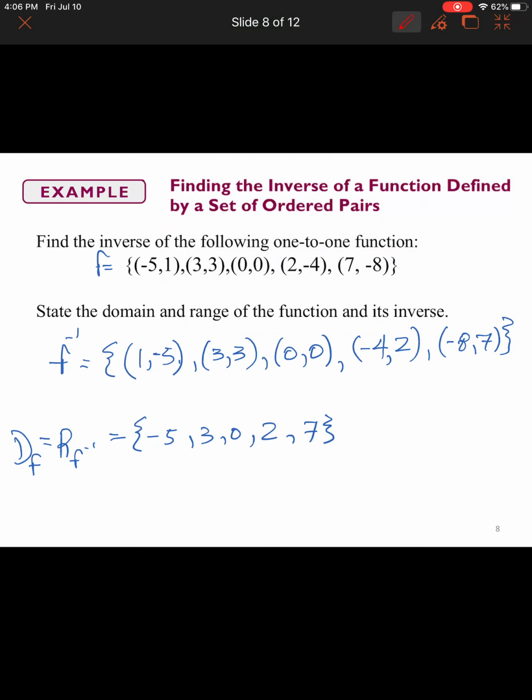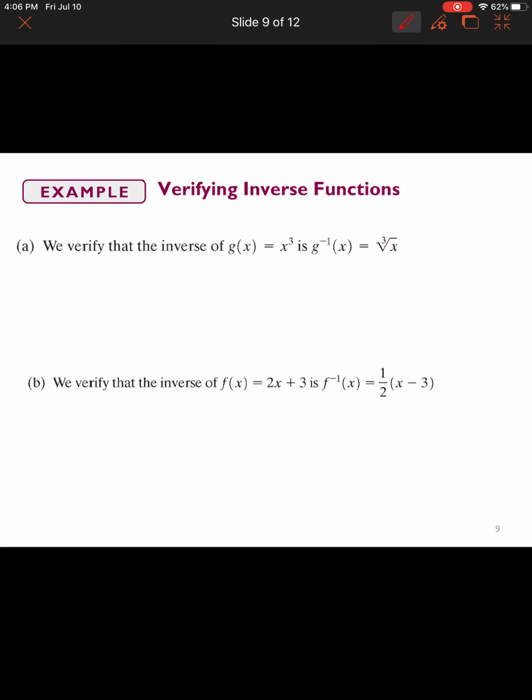We also know that the range of the original function is equal to the domain of the inverse function. And we have 1, 3, 0, -4, -8. Just like that, we handle business.